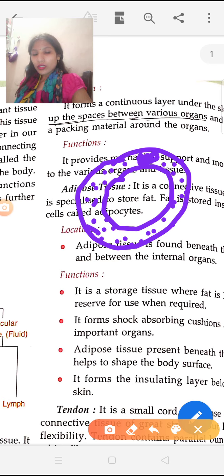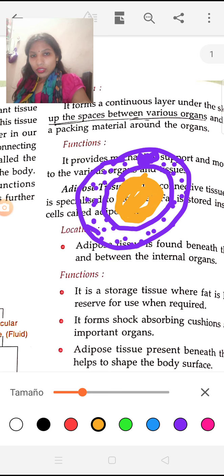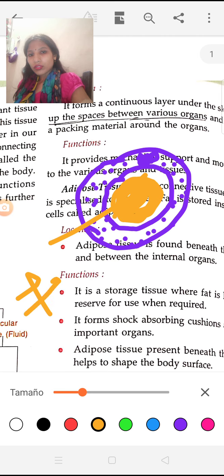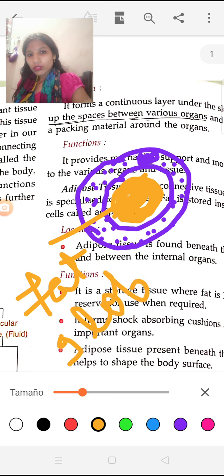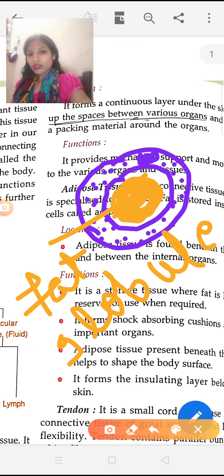And this space is known as the fat droplet or fat globule, right? This space is known as the fat droplet or fat globule. Clear?